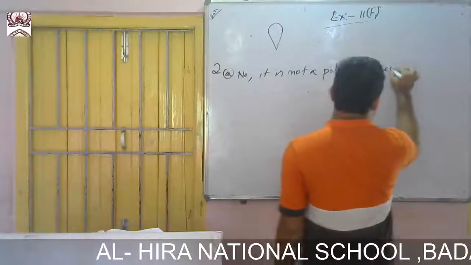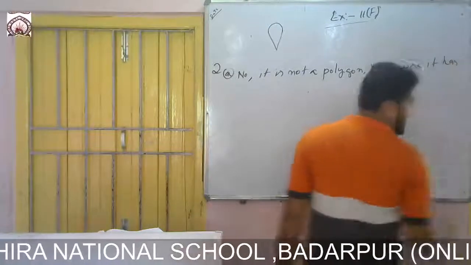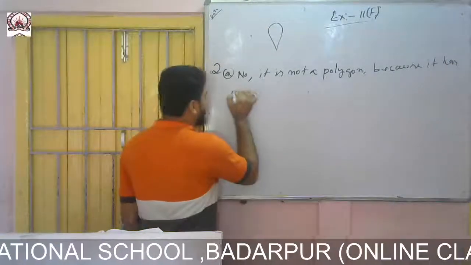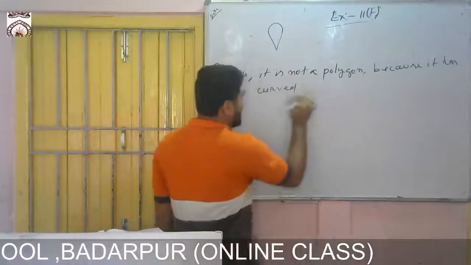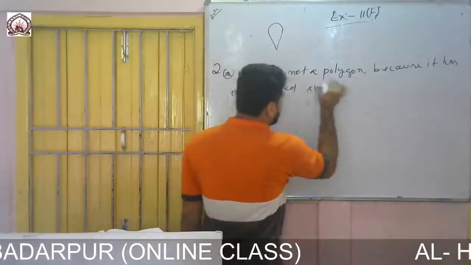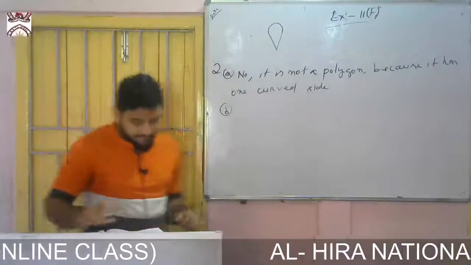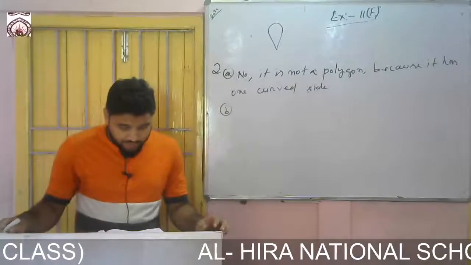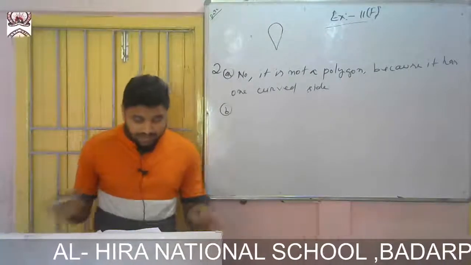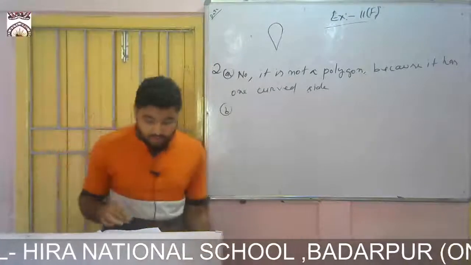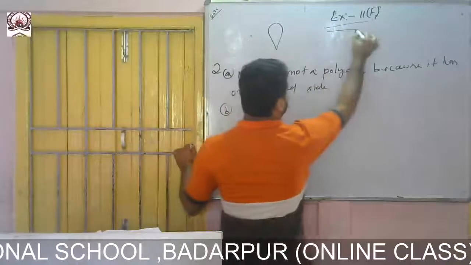Because it has one curved side. Okay. Number B, what is there? Number B, the shape is like this, so it is a polygon. So write that only, it is a polygon because the shape is like this.